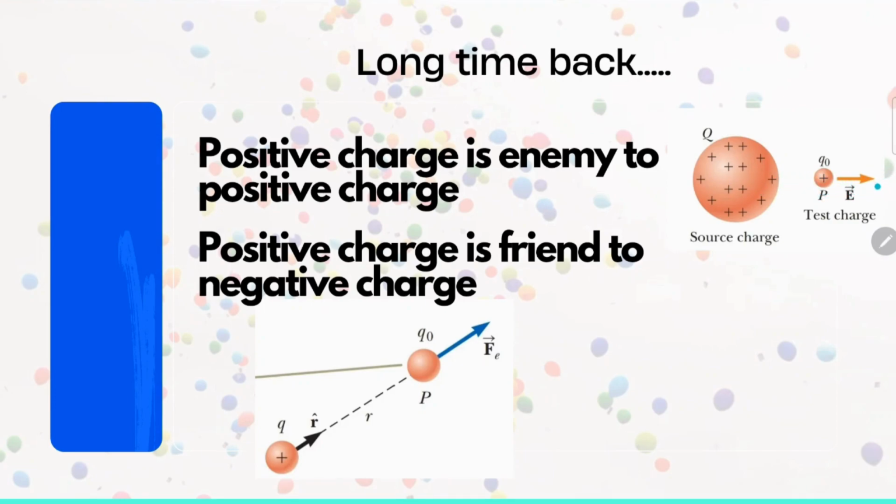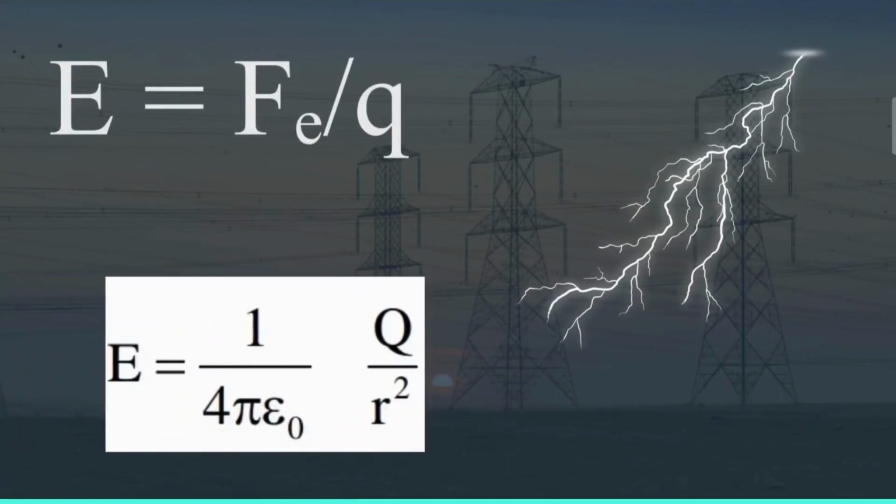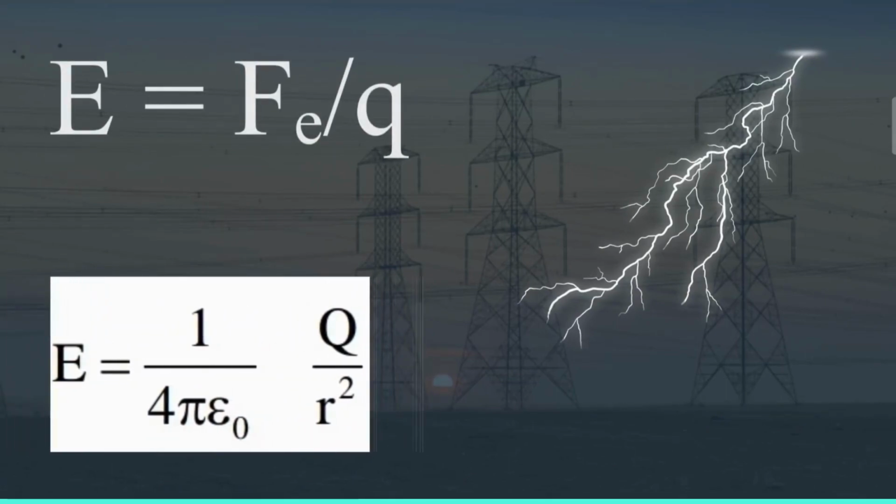So what is the formula for electric field? It is Fe divided by Q, where Q is the test charge, or we could have written it as Q0. E is equal to Fe divided by Q0.